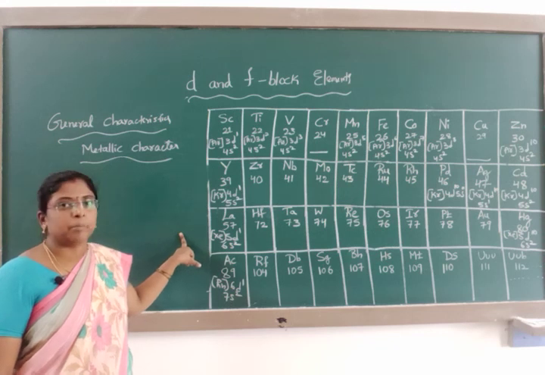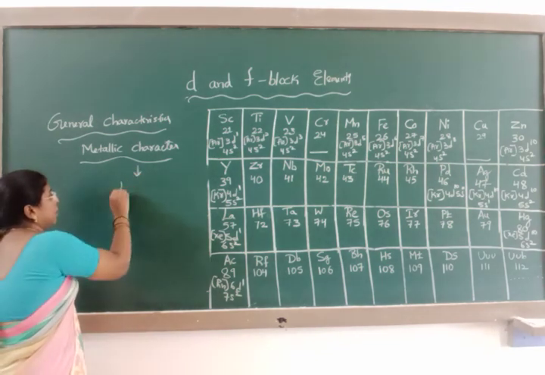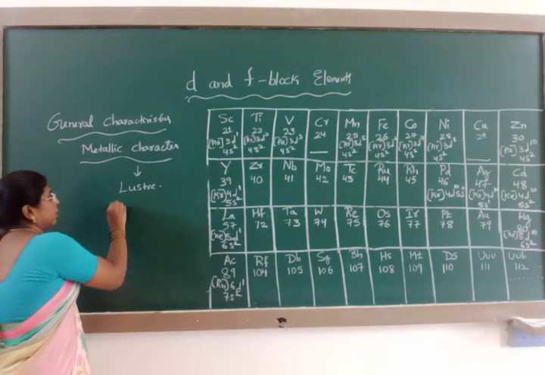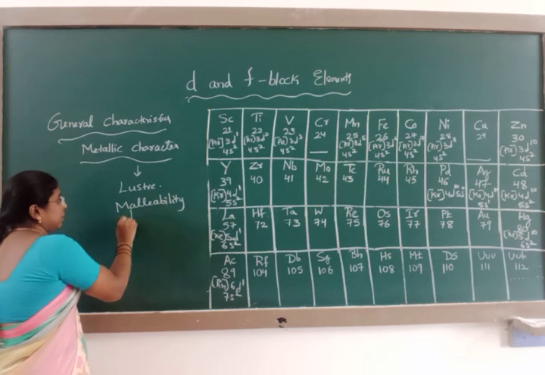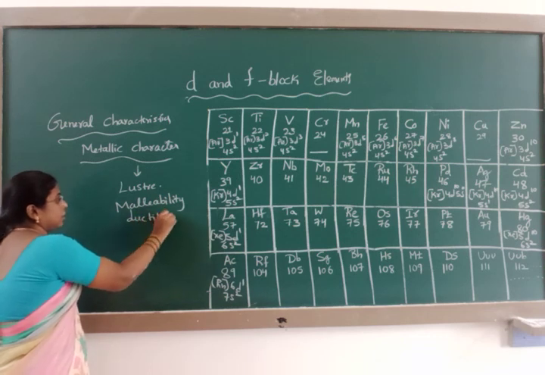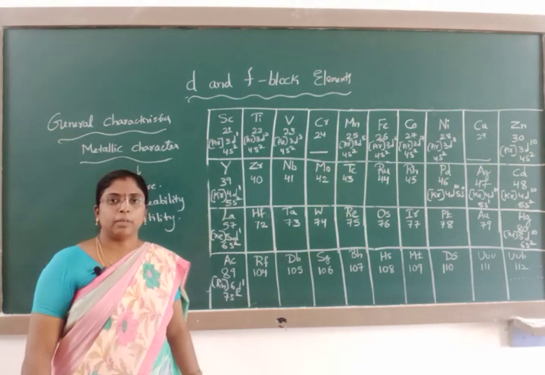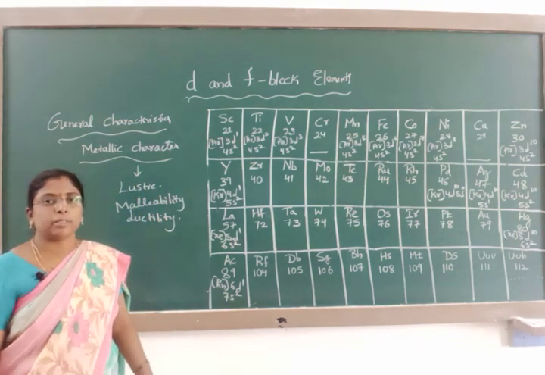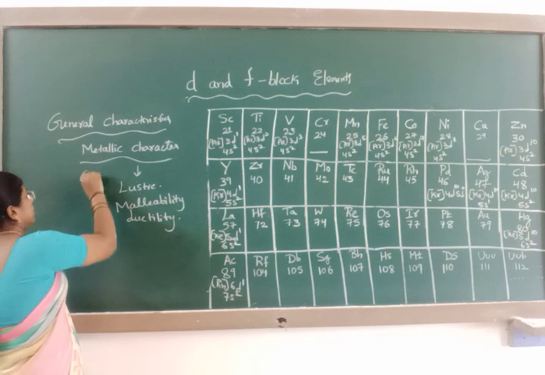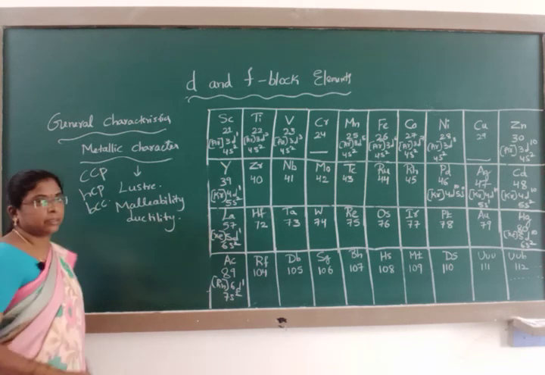Hence, they show metallic character like metallic luster, malleability, ductility, high tensile strength, high thermal as well as electrical conductivity. These elements have specific metallic lattices like CCP, HCP as well as BCC lattices.